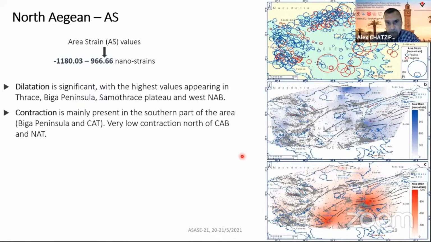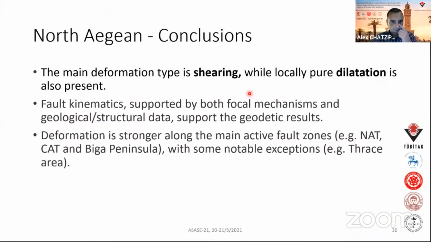The same goes for area strain. Again, the same results for the large structures of the area, and again some localized areas that are undergoing deformation without any large known active fault zones.